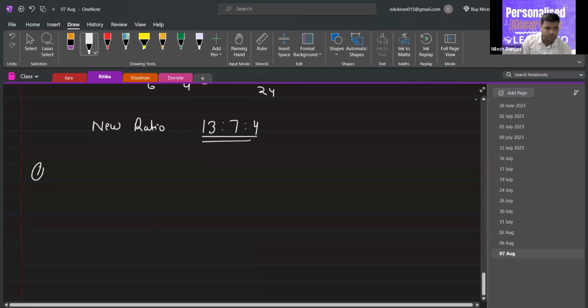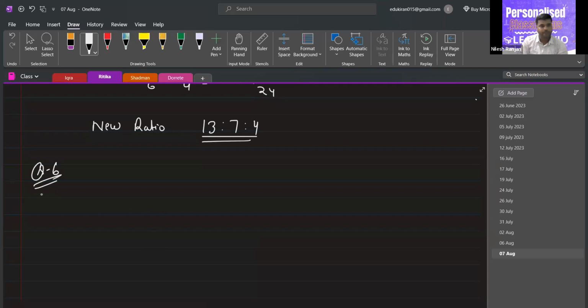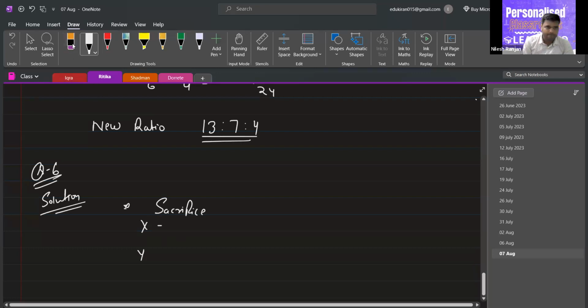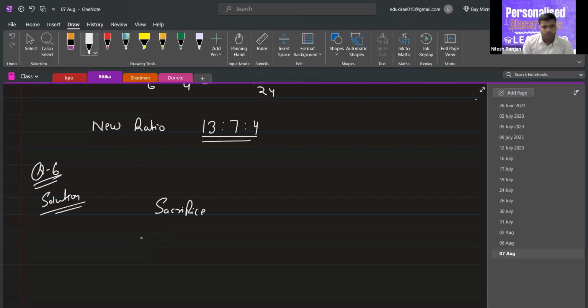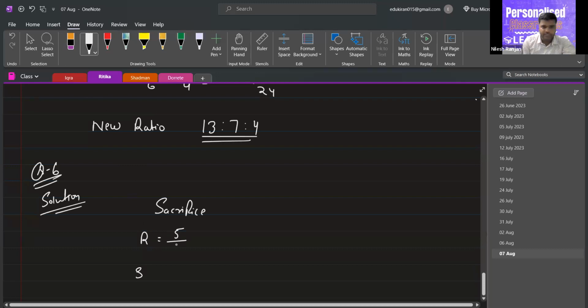So question number 6, solution. Now, first of all, sacrifice we have done. I told you we have to multiply it with their old ratio. So for R and S, our profit sharing ratio is 5/8 for R, and for S it is 3/8.